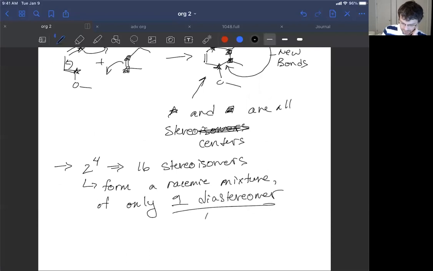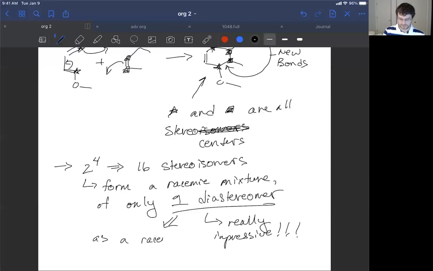Now that's really impressive for a reaction that not only forms carbon-carbon bonds, but forms one diastereomer for the most part. Let's just emphasize again, it's as a racemic mixture. And again, we'll develop this model over the next couple of lectures as we look at how we control the stereochemistry.